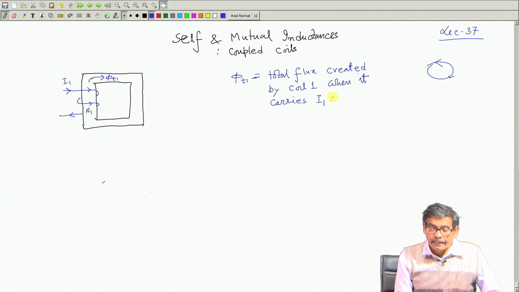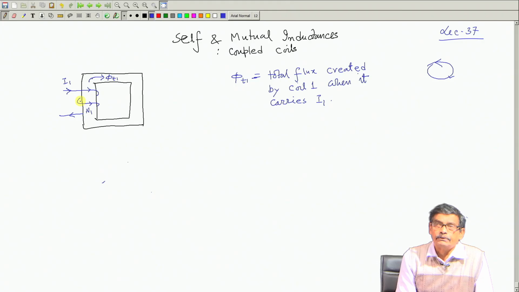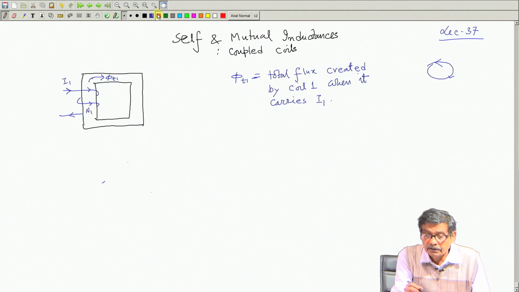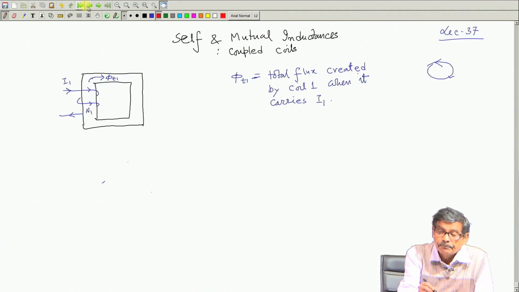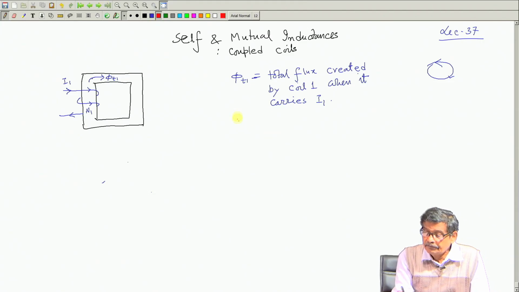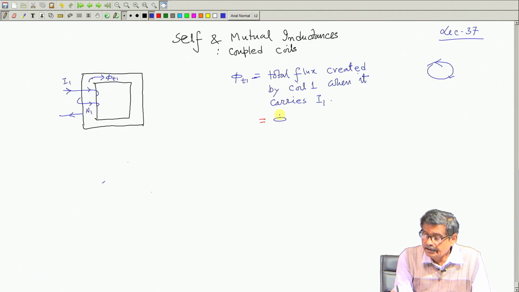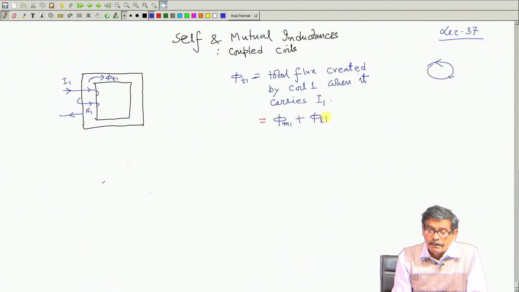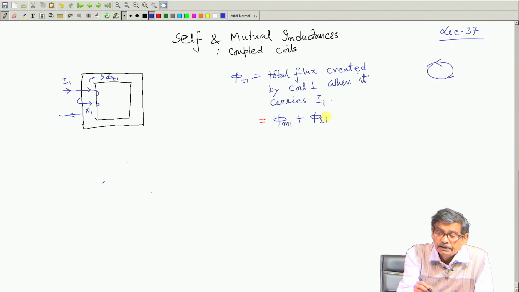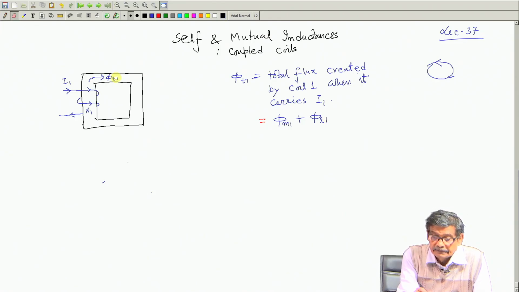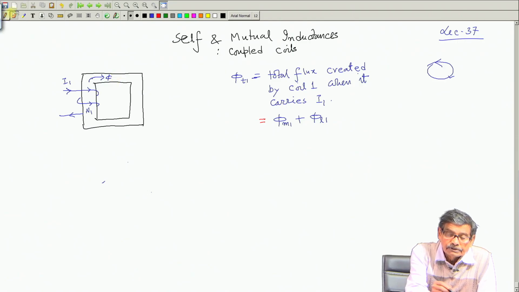When it carries I 1, and the number of turns of this coil is N 1, we know how to calculate phi T 1. This phi T 1 will have two parts. phi T 1 can be written as phi m 1 plus phi L 1. So, phi T 1 is the total flux created. It will have two parts.